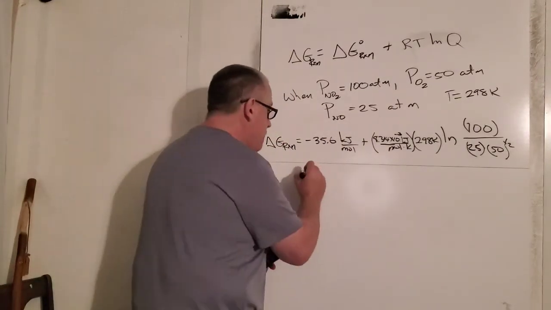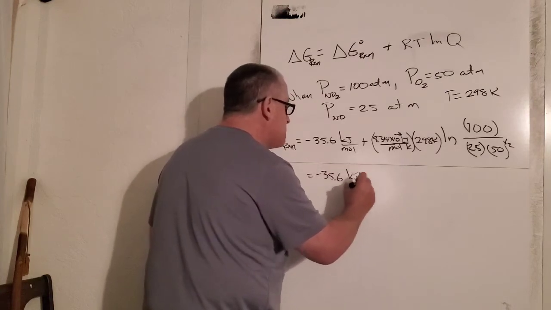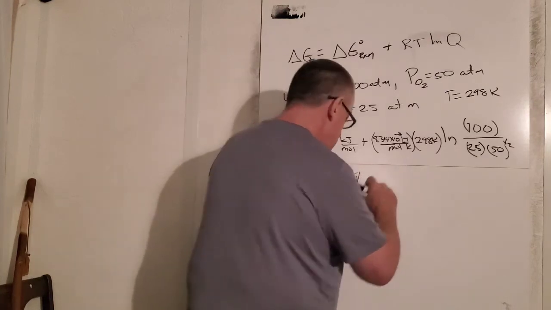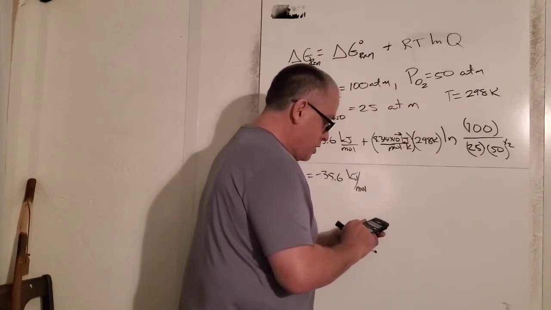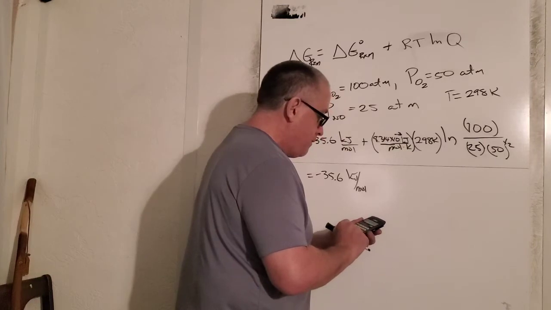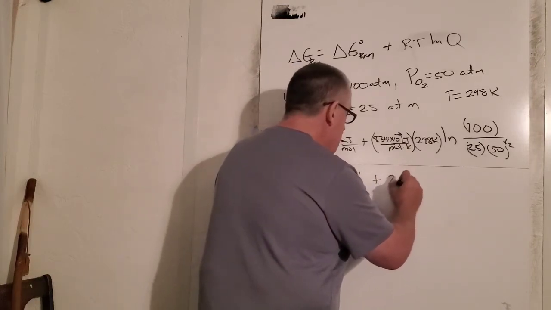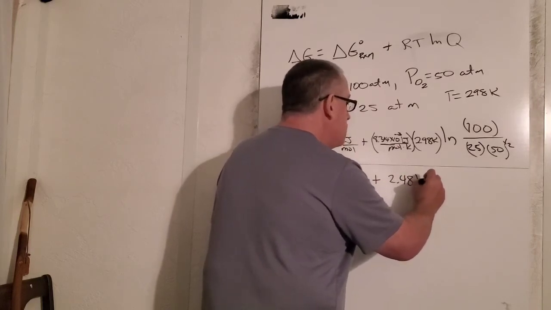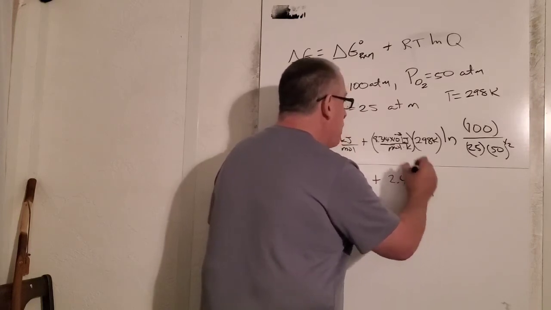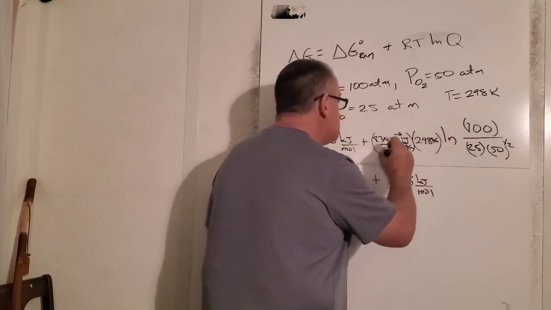So I'm going to get minus 35.6 kilojoules per mole. And then 8.314 times 10 to the minus third times 298. I'm going to have plus 2.48 kilojoules per mole. Oh, excuse me, Kelvins canceled, moles didn't.